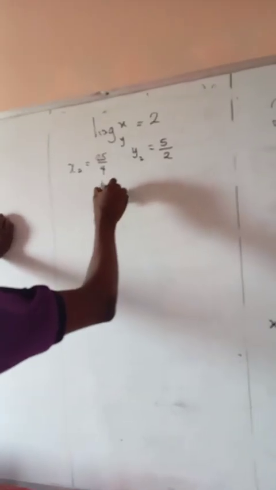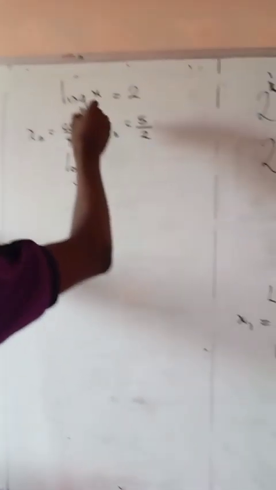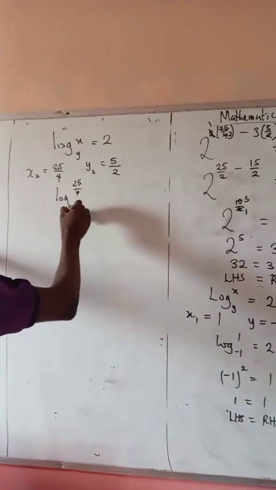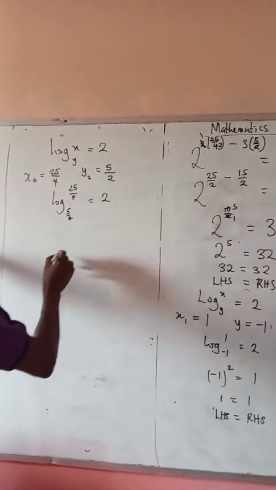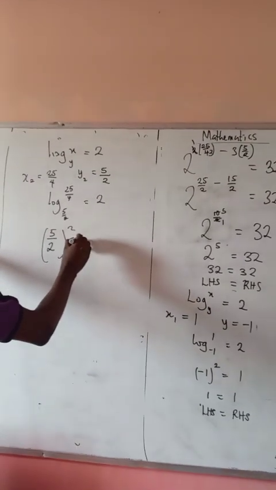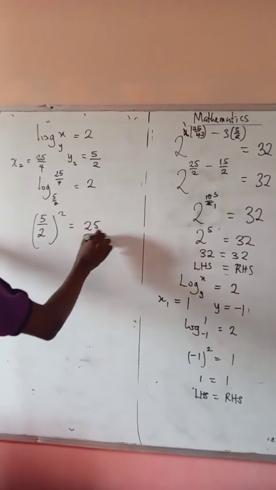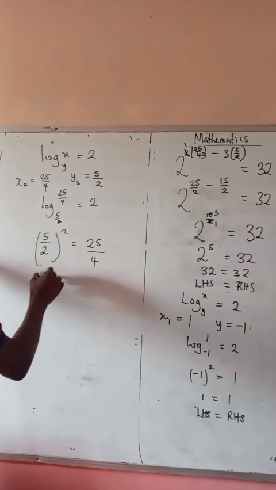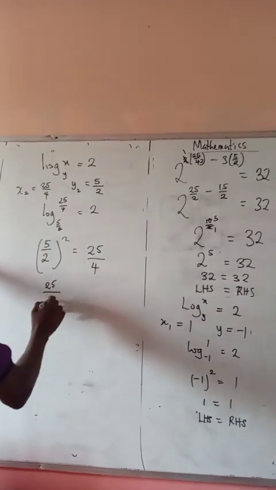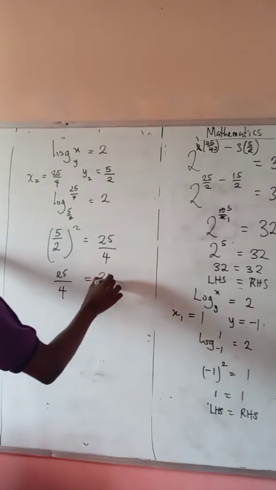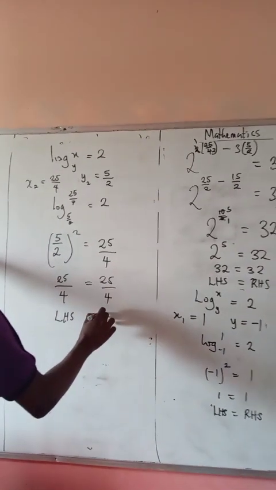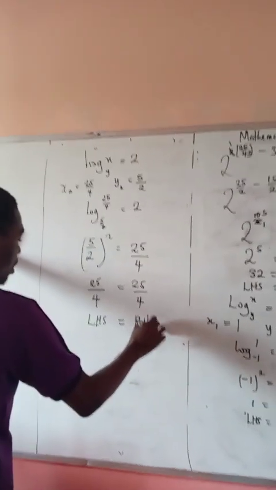So log of x, which is 25 over 4, to base 5 over 2 is equal to 2. Which means that 5 over 2 squared is equal to 25 over 4. 5 squared is what? 25. Then 2 squared is what? 4. That's 25 over 4. So what is on the left hand side is equal to what is on the right hand side.